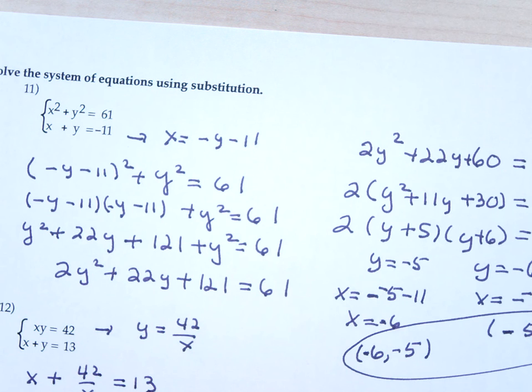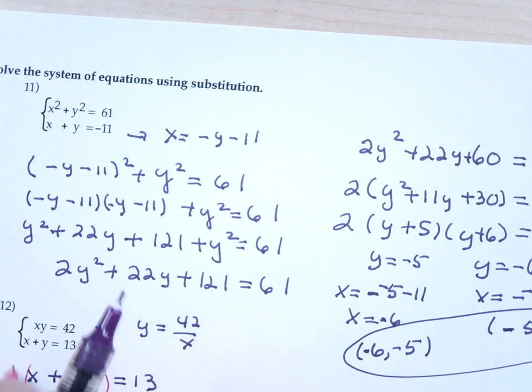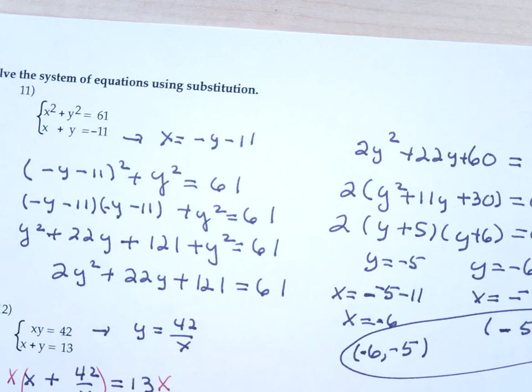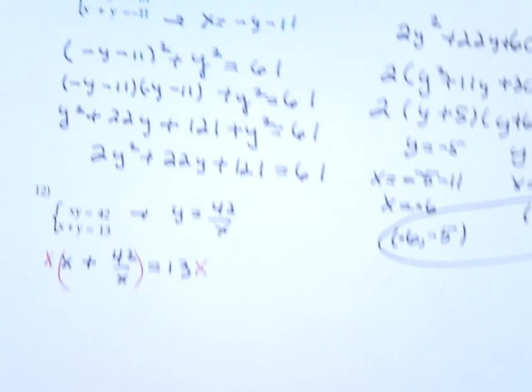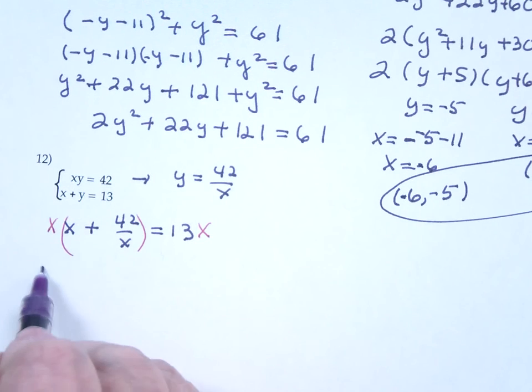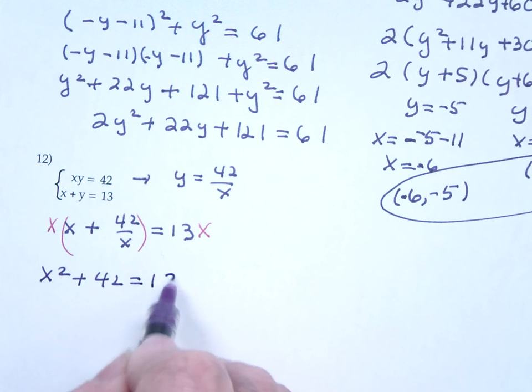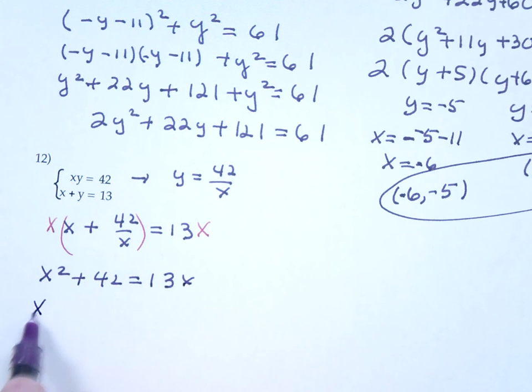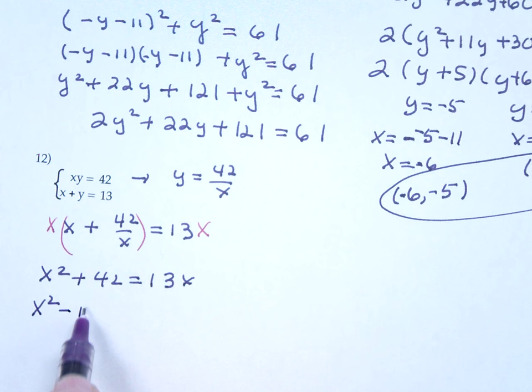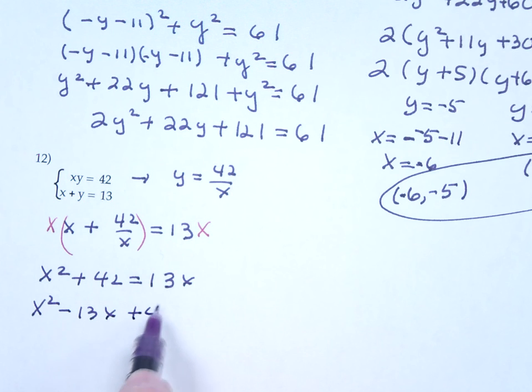So now, clear the fraction. So x squared plus 42 equals 13x, or x squared minus 13x plus 42 equals 0.